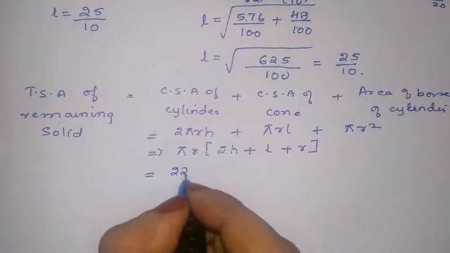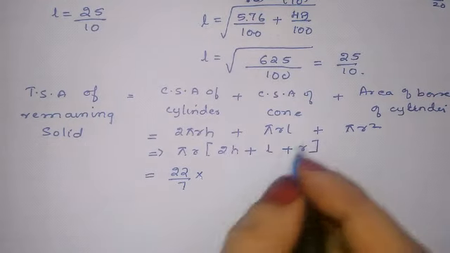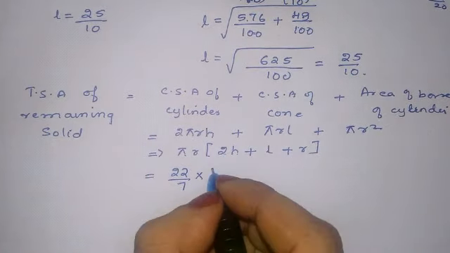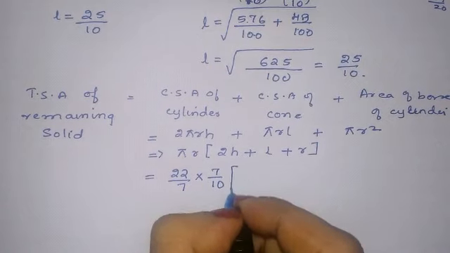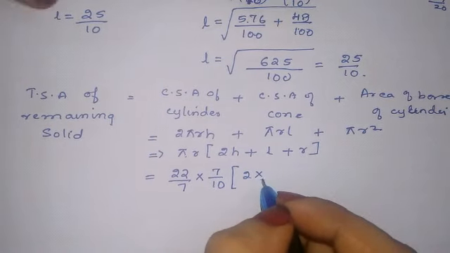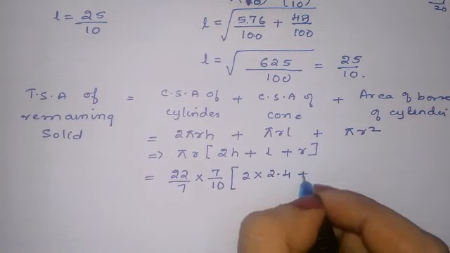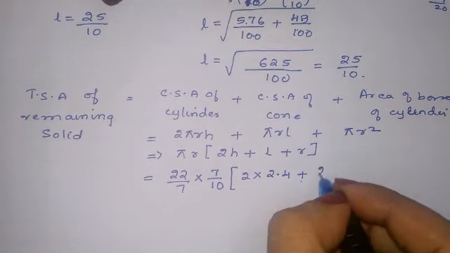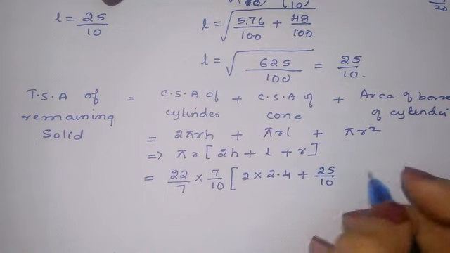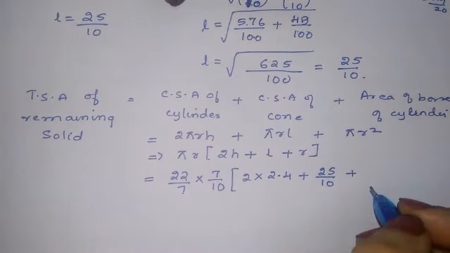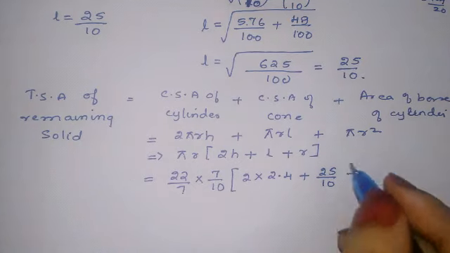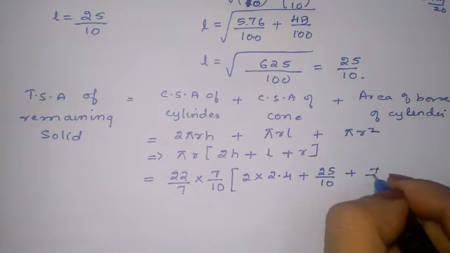Pi is 22 by 7, r value is 7 by 10, into 2 into h value, which is 2.4, plus l value 25 by 10, plus r value 7 by 10.